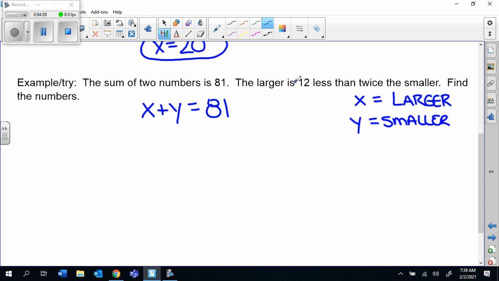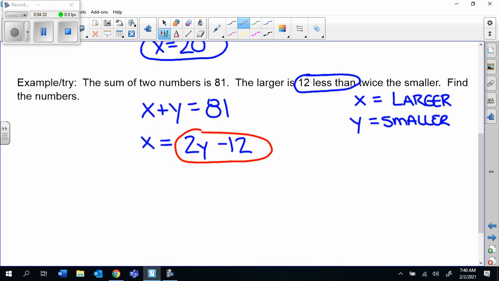So the larger is, so x is 12 less than. Remember when we see that expression less than, the 12 goes in the back. So minus 12, twice the smaller, so 2y minus 12. Take this and substitute it in to x in our original top equation here. So the next line will read 2y minus 12 plus y equals 81.